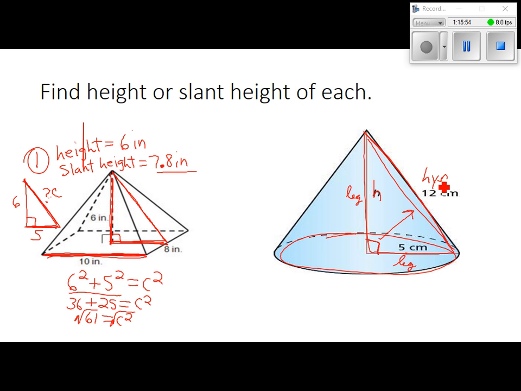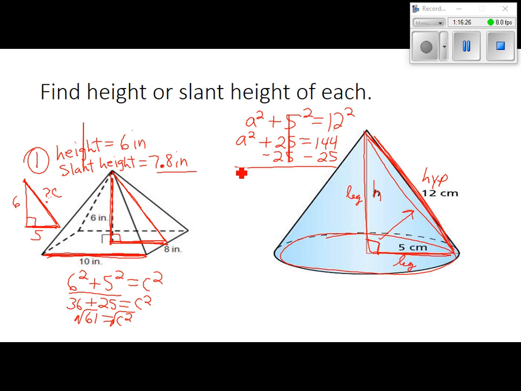And we can just set it up, we don't know one of the legs, so that's A squared, plus the other leg is 5, so 5 squared, and it equals the slant height here, which is our hypotenuse, 12 squared. Well, when we go to do that, A squared plus 25, 12 squared is 144, then you just solve it like you would a normal equation.